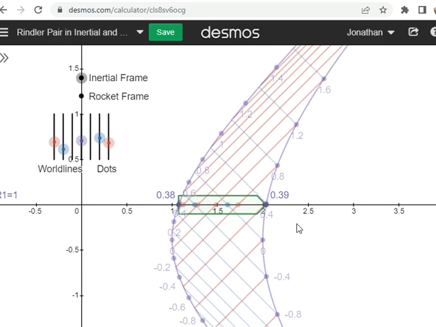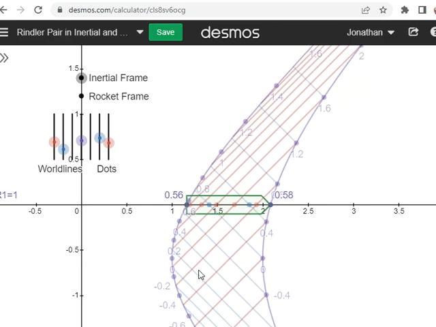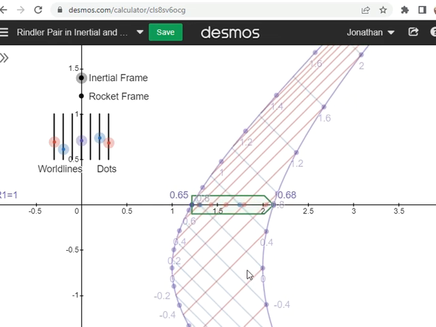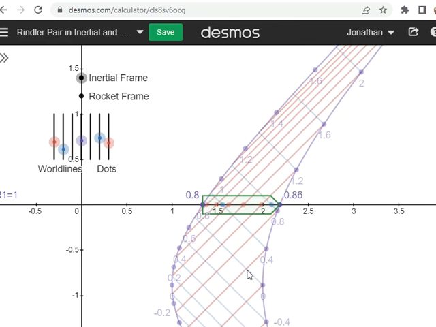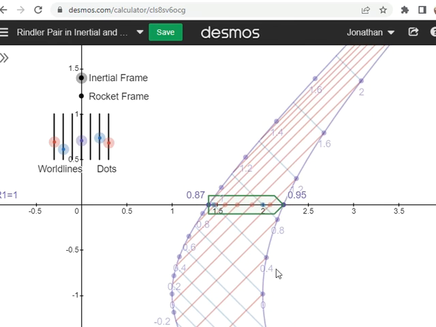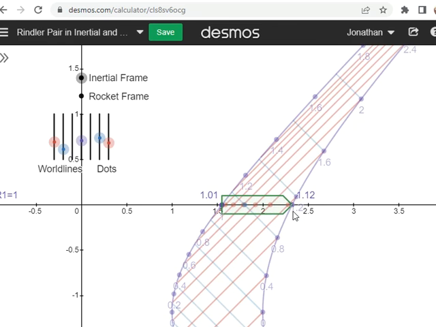All right, well, I will put these demonstrations in there. So anyway, let's go through the three basic things. I talked about the Rindler pair, which is the best description.